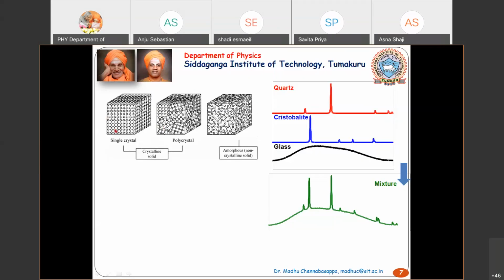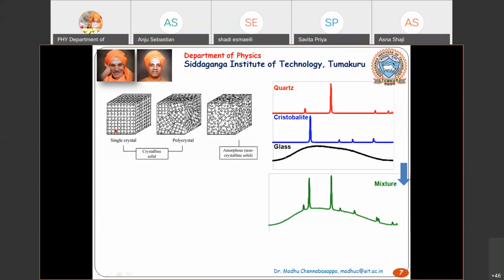Instead, it is localized. Okay, so still in this case, you can get good intensity for your peaks. Okay, but in case of amorphous, you don't have any arrangement, so it is very difficult to have consecutive interference in this case.